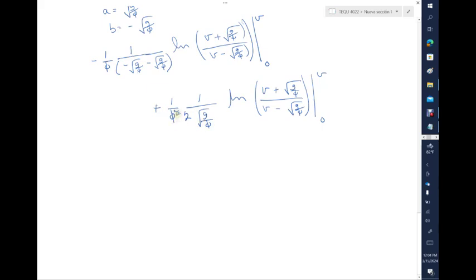So 2 over 2 minus 1/2 is 1/2, so you end up with this phi to the 1/2. So this eventually is going to be the square root of phi. These two I can take out here, and then you end up with this g here, times the log of all that, evaluated between 0 and v.